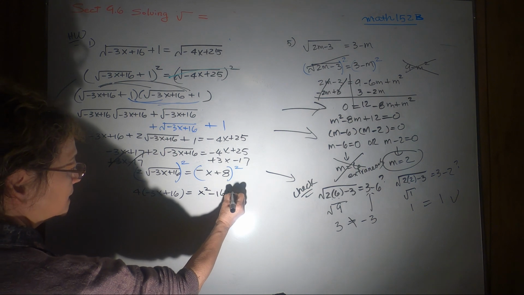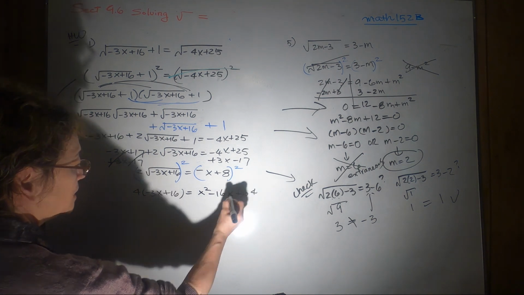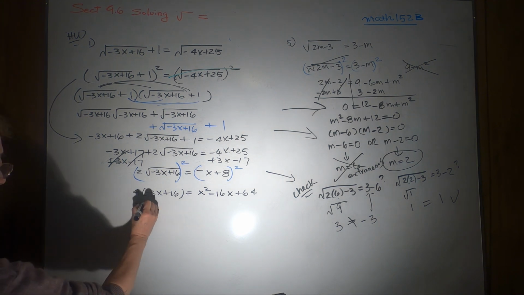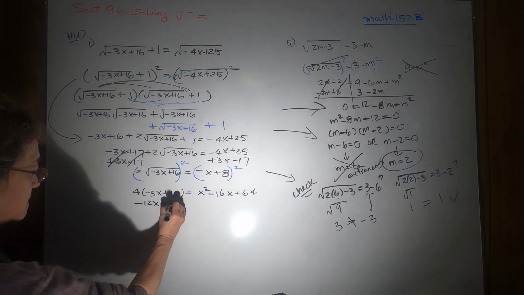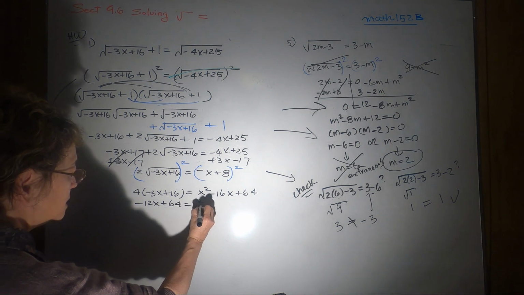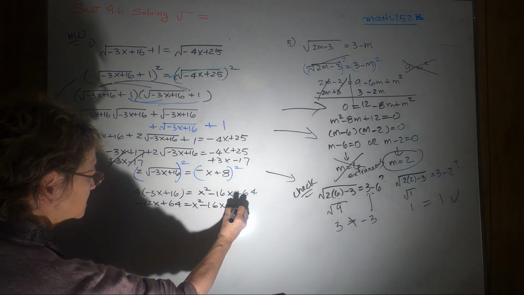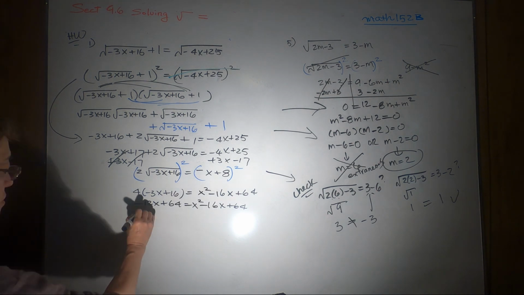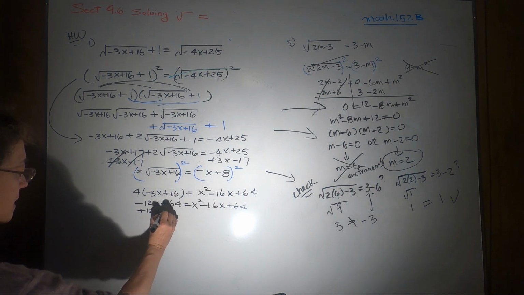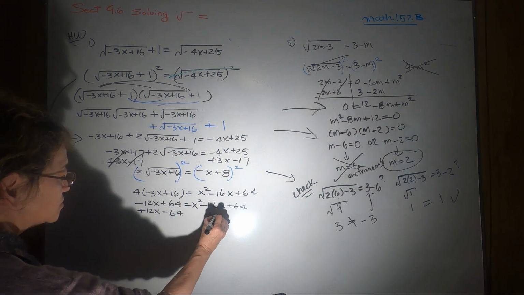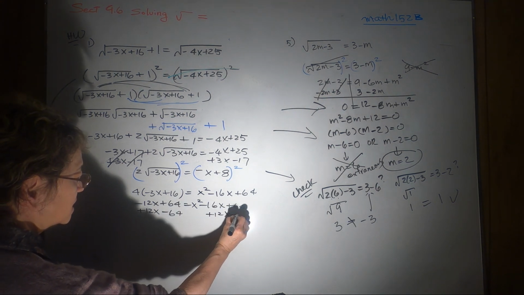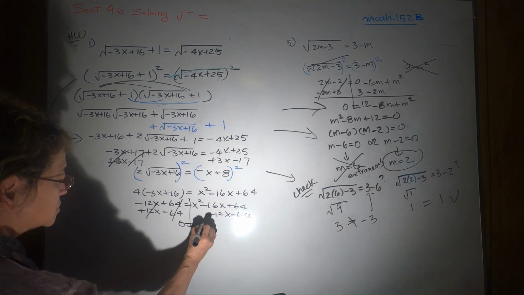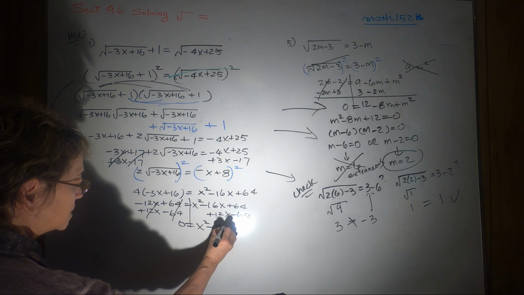Minus 16x plus 64. Okay? Then let's see. We have negative 12x plus 64 equals x squared minus 16x plus 64. Right? Move everything to one side by adding the opposite, plus 12x minus 64. Right? Those cancel out. 0 equals x squared minus 4x.